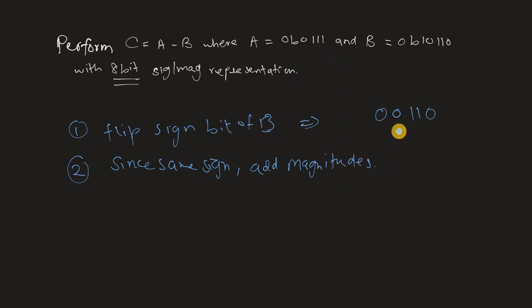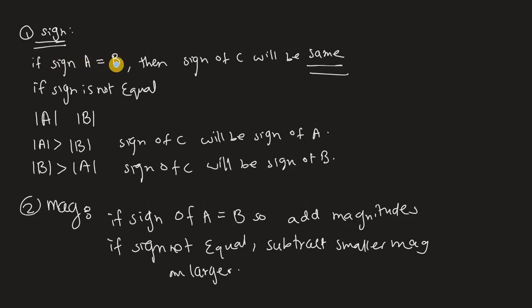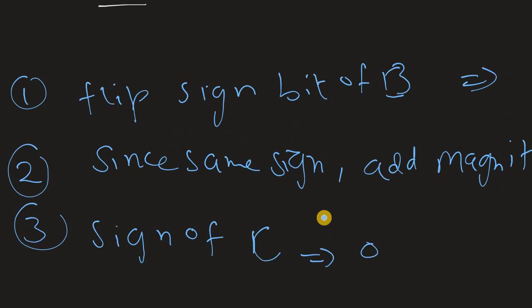Okay, and you see, since both of them have the same sign, the sign of c will be 0, okay, because they have the same sign. You see over here, if a and b have the same sign, then sign of c will be the same, okay.